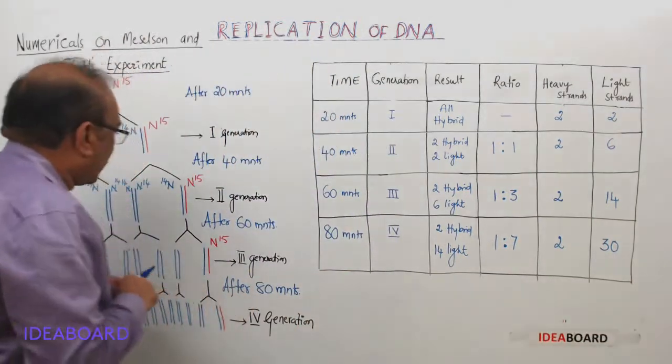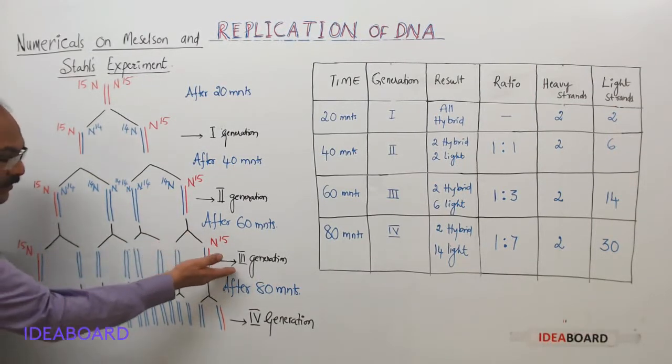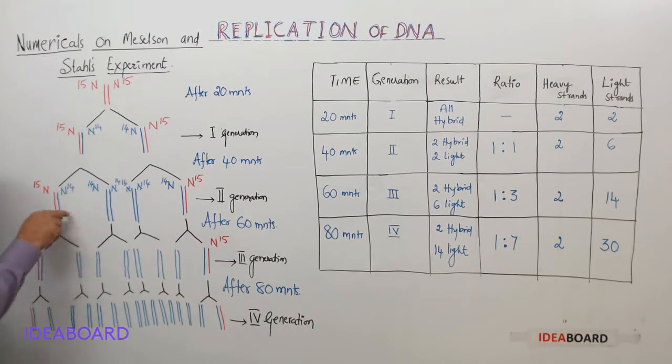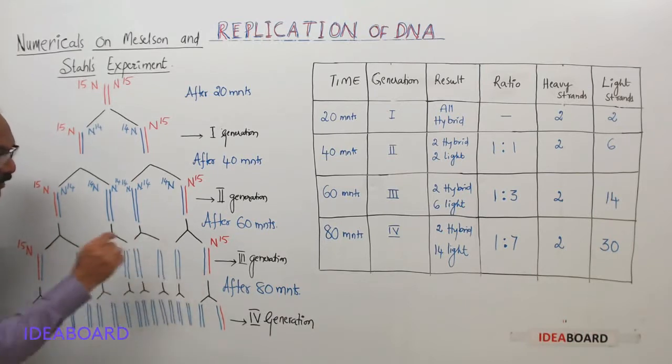If you go for one more generation, the third generation, 4 will become 8, and out of these 8, 6 are light DNA and 2 are hybrid DNA.